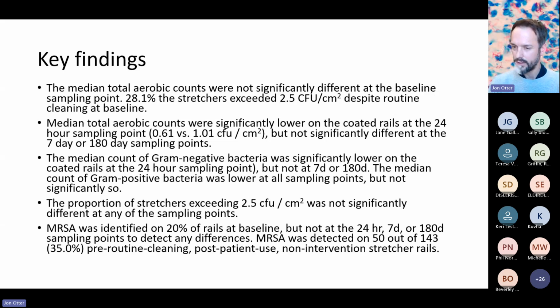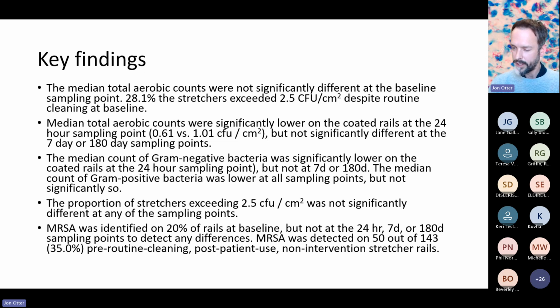That was partially due to a very low level of contamination. And for gram-positive bacteria, the median counts were lower, but not significantly so. Overall, the proportion of stretchers exceeding the hygiene fail standard of 2.5 CFU per centimeter squared was not significantly different at any stage of the study.